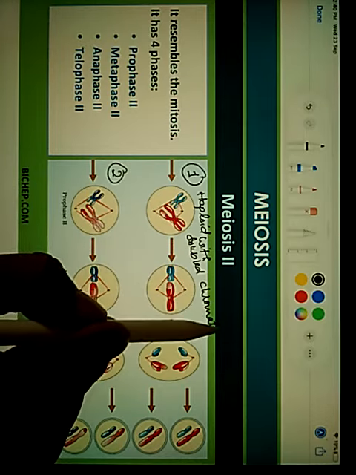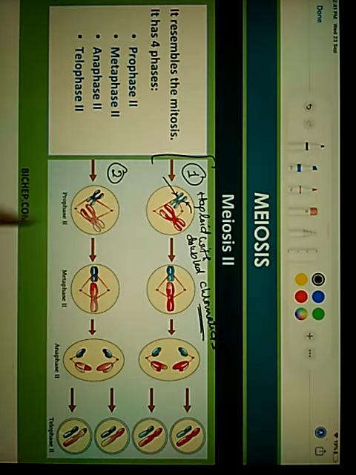So chromatids are in pairs in the form of chromosomes in the haploid condition. They are the same homologous chromosomes. On one side we have maternal, and on the other side paternal chromosomes.